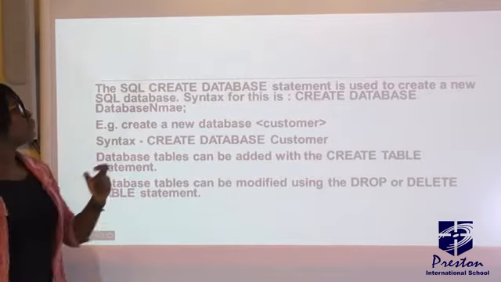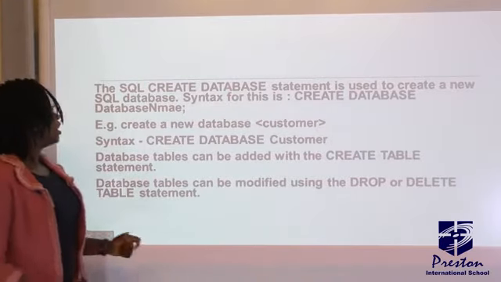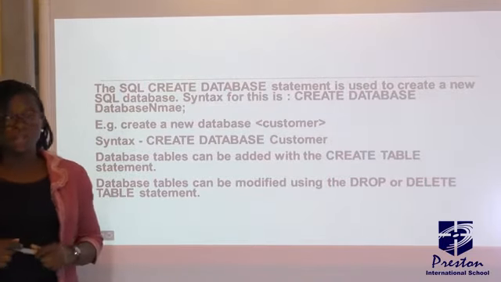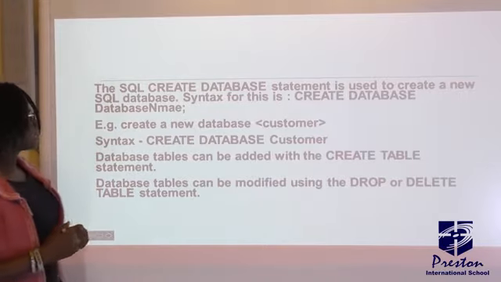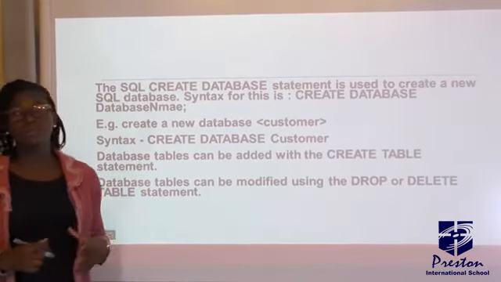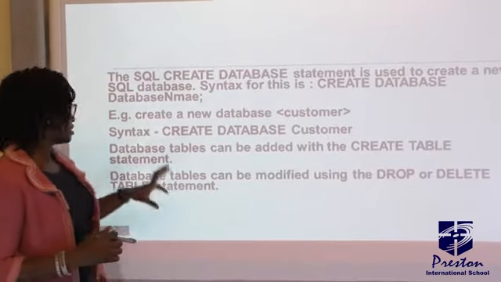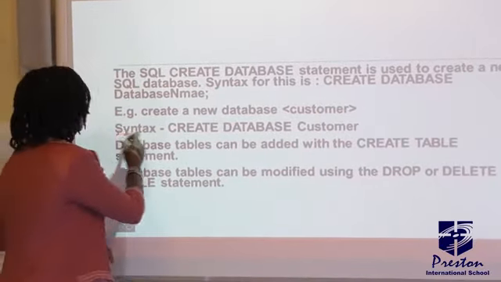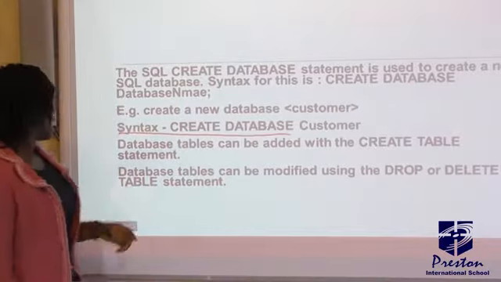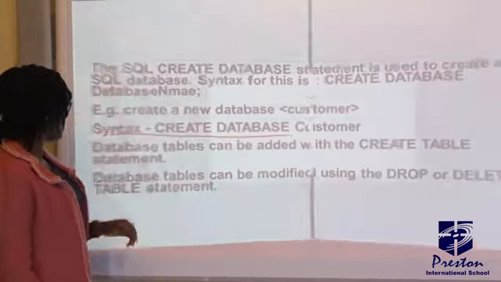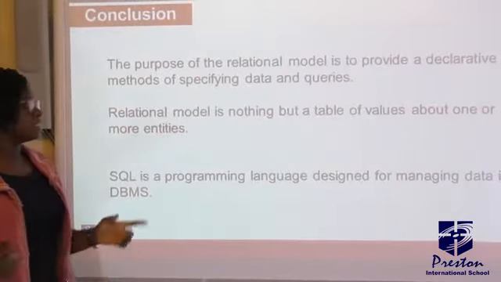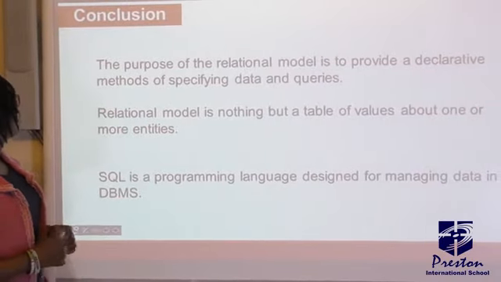Alright, so talking about databases and the relational model, we've been able to establish that we can use SQL to give queries and to sort our database. This is the syntax when using SQL, and it's the same way in creating it, in deleting it, and other functions.